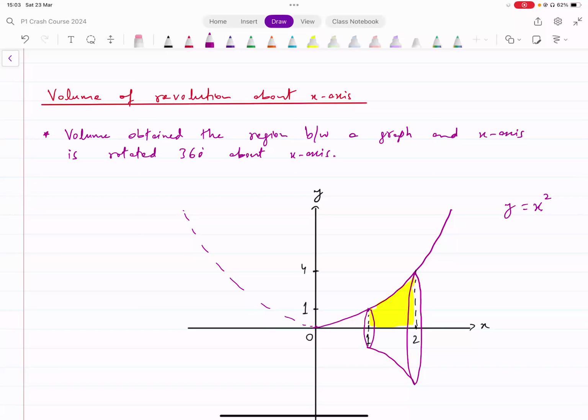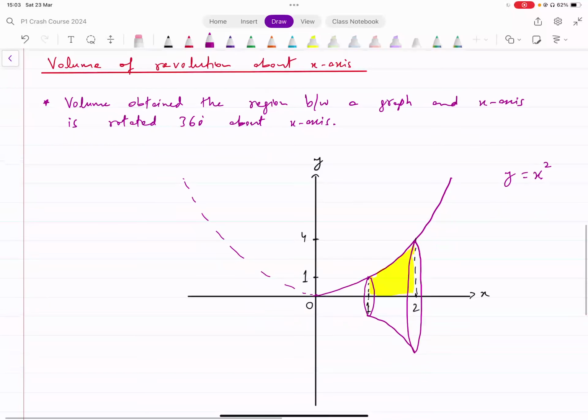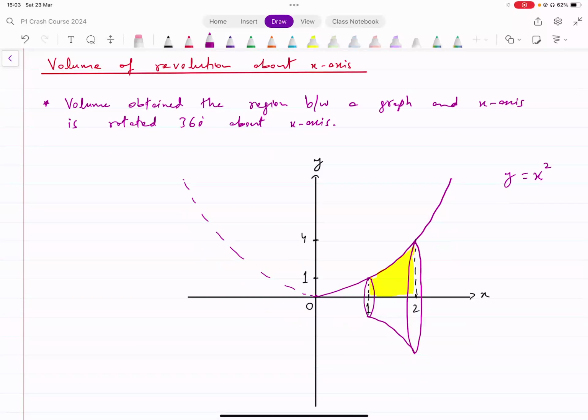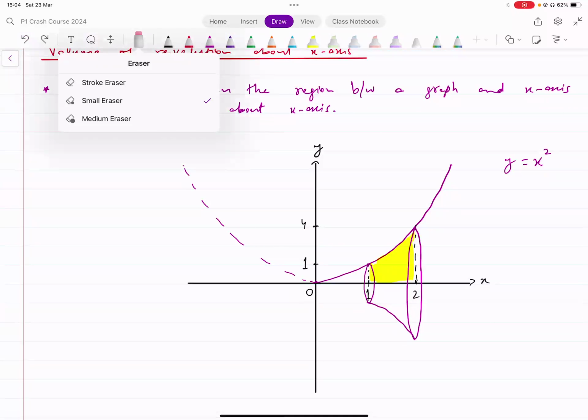This is the volume that we want to find here. It's the volume obtained when the region between a graph and x-axis is rotated 360 degrees about the x-axis. So this is the shaded area between the graph and x-axis. If we were to rotate it 360 degrees about the x-axis, what would be the volume obtained for that?